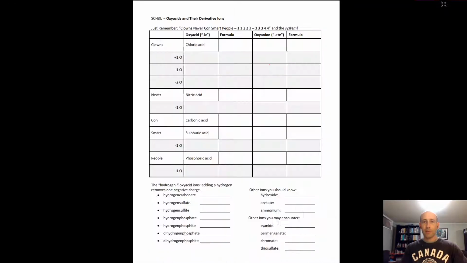Okay, so we're going to go back to this sheet here, and you'll see that I have clowns never con smart people all listed down in the sort of more white rows. By following the system, we can write the formulas for the oxyacids. Clowns never con smart people. We don't write the ones typically, but it'd be 1 by the chlorine, 1 by the nitrogen, and it goes 2, 2, 3, 3, 3, 3, 4, 4. You have to forgive my marker not always showing up.